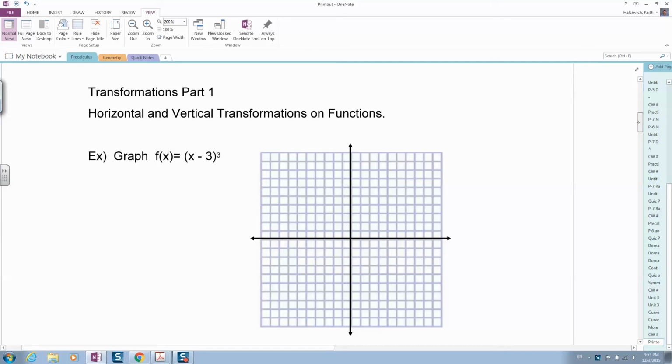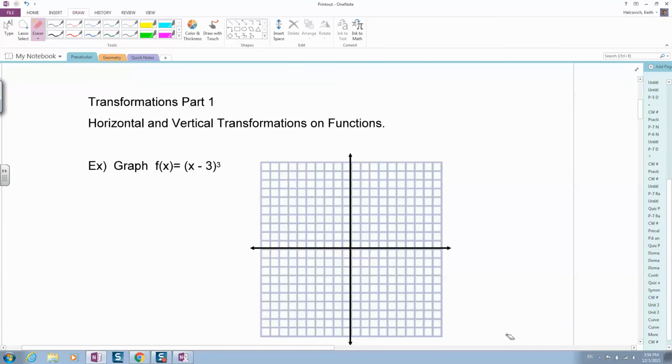So we're going to start out by talking about what putting a number into the parentheses of the function will do to that specific function. Notice we have the graph of f of x equals (x minus 3) to the third.